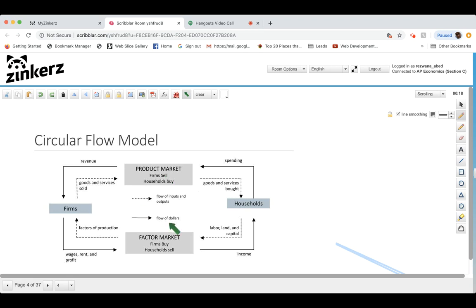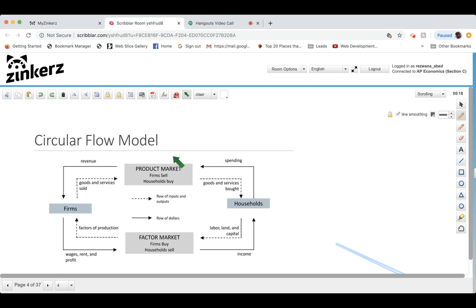The other arrows show how money flows in the economy. And you have the product market and also the factor market. Those are the two different markets, and you definitely need both of them for the economy to function.